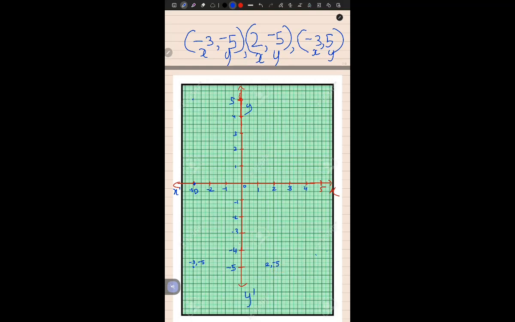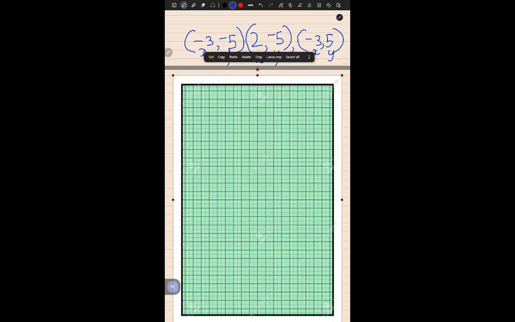And then minus 3 and 5. So this is the minus 3 and here is the 5. Oh, no, sorry. So this is the minus 3 and here is the minus 5. So you have to draw here. Now we will take this as A, this as B, and this as C. For easy understanding, you can write like this.